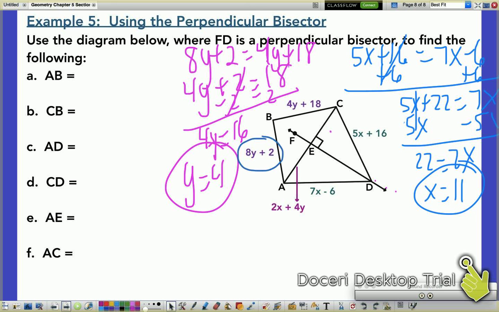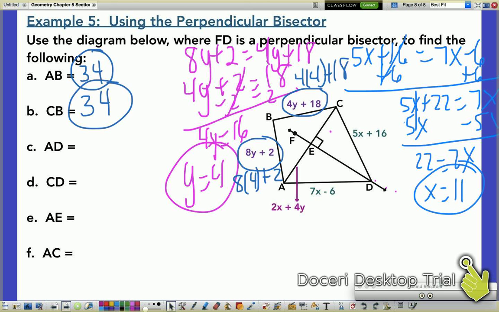So 8 times 4 plus 2, because y was 4. 32 plus 2, 34. CB better be the same, because they were congruent. So 4 times 4 plus 18 is 34.